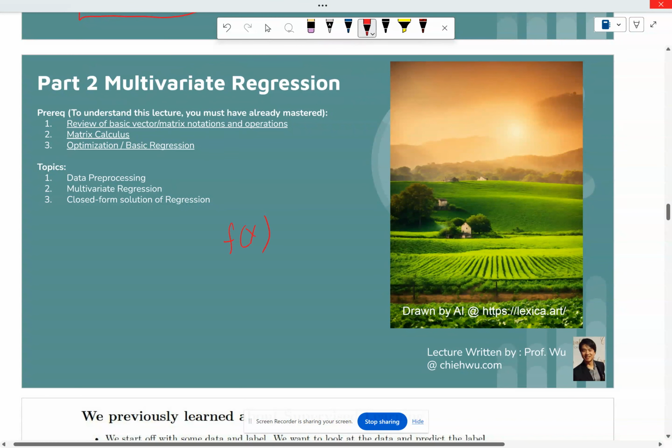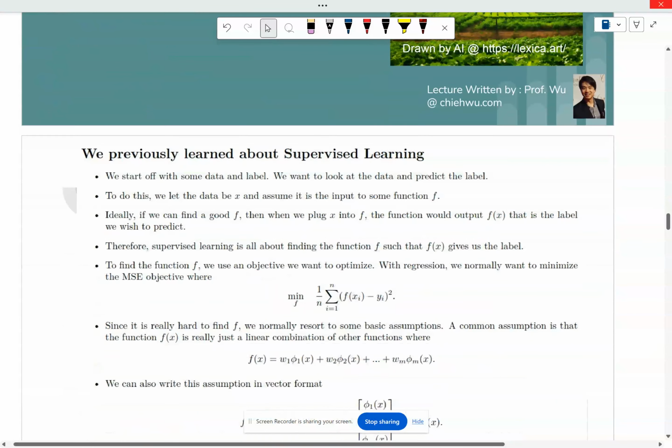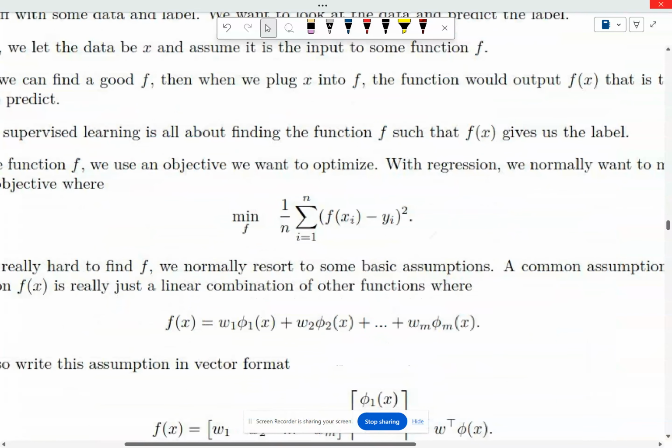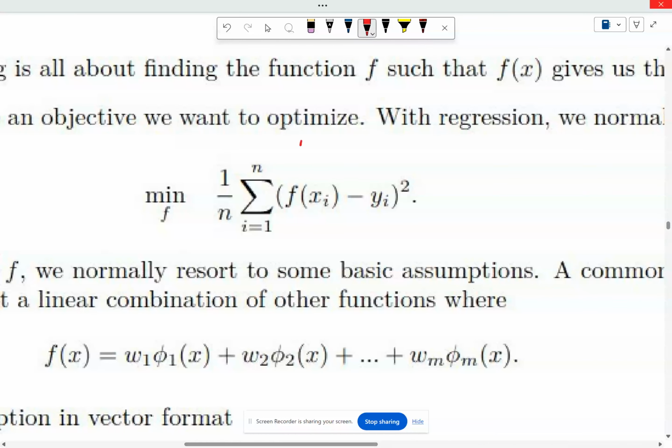Previously, we learned that regression is about learning this function, and we only used input of 1 dimension. Let's say that we now move on to input of multiple dimensions. So let's quickly review the idea again. You're trying to find a function that, when you put your data in, creates a prediction. So this is your prediction, and this is the true result.